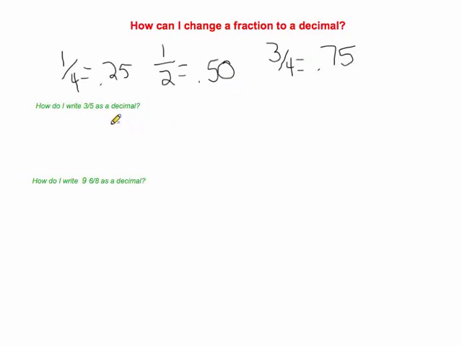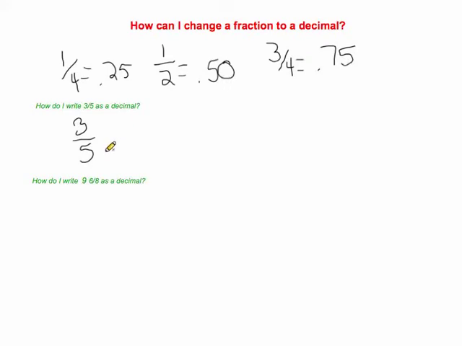Well, here we have our first one. How do I write 3/5 as a decimal? So I'm going to start off with 3/5. Well, I know that 5, that's the denominator, can be changed to a 10 or 100 because I know that 5 will go into 10 or 100.